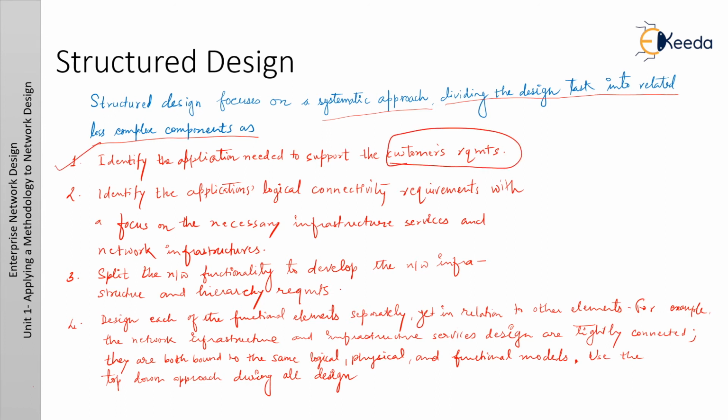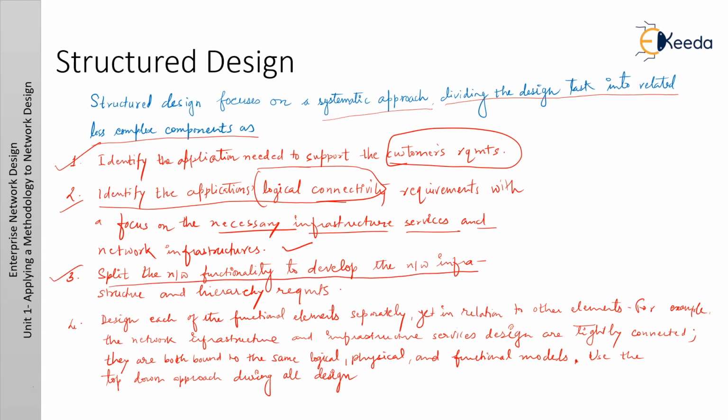First, a very important thing. The second thing is to identify the application logical connectivity requirement, with a focus on necessary infrastructure services and network infrastructure. The third thing is to split the network functionality to develop the network infrastructure and hierarchy requirement.